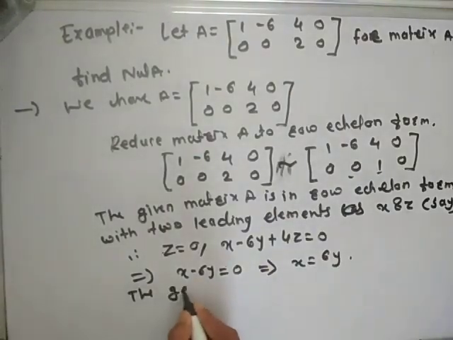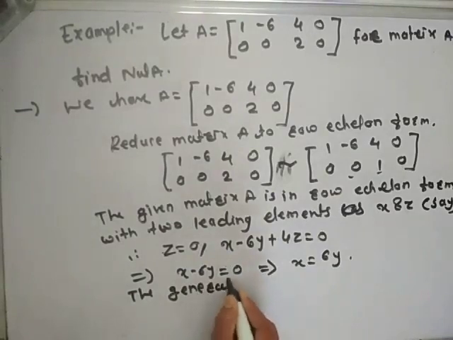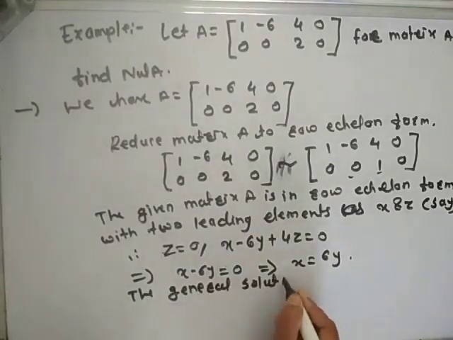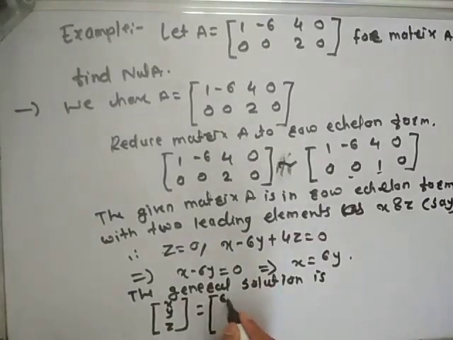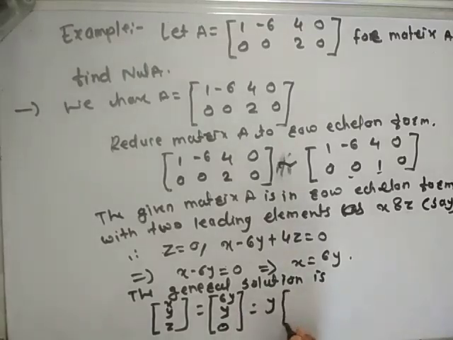Therefore, the general solution is the matrix x, y, z, which equals 6y, y, 0. Y is a free variable, so y stays as it is, and z is 0. This equals y times (6, 1, 0).